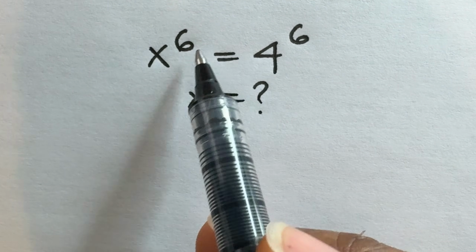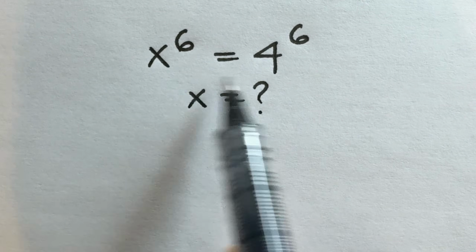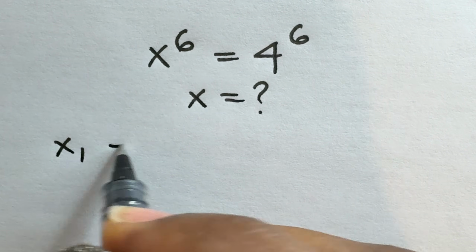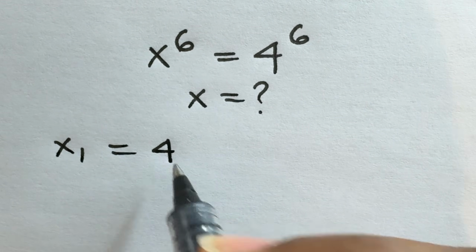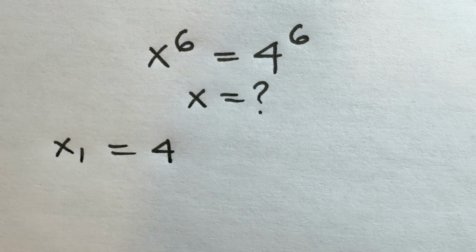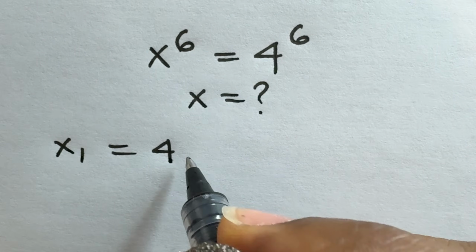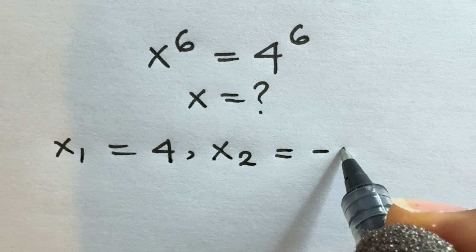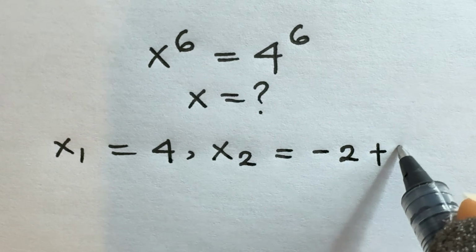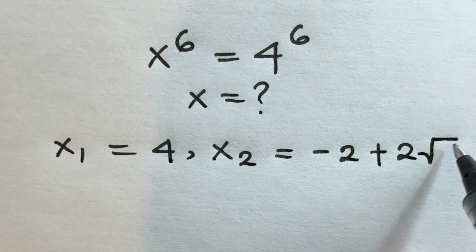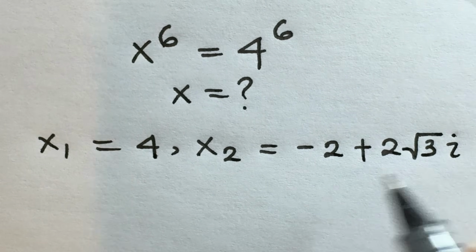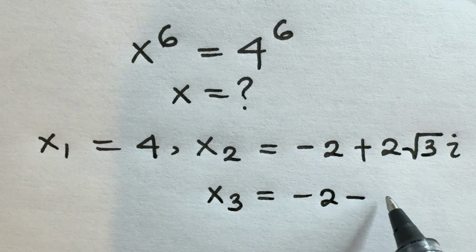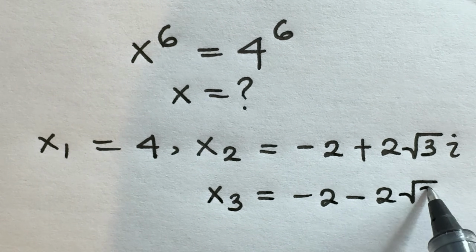So for this problem, x raised to power 6 equals 4 raised to power 6. We got 6 values for x. x1 was 4. x2 was -2 plus 2 root 3i. x3 was -2 minus 2 root 3i.